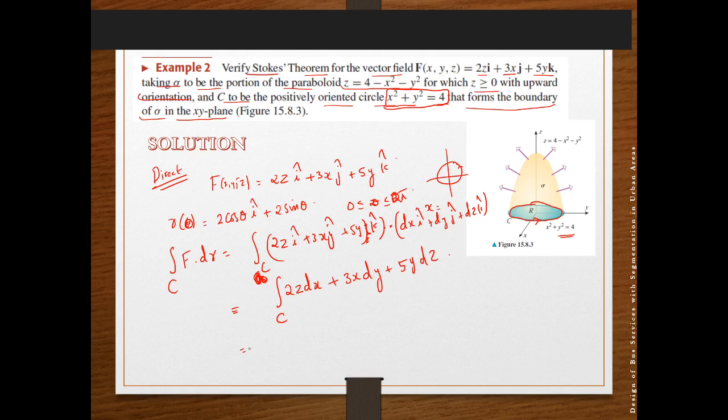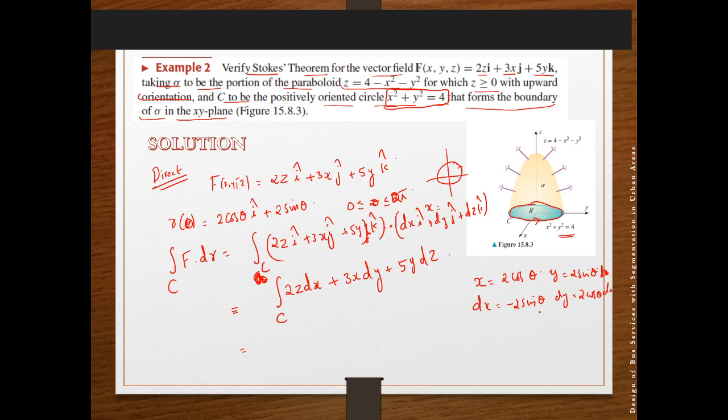Now, already we have x equal to 2 cos theta, then dx is minus 2 sin theta d theta. y is 2 sin theta, dy is 2 cos theta d theta.